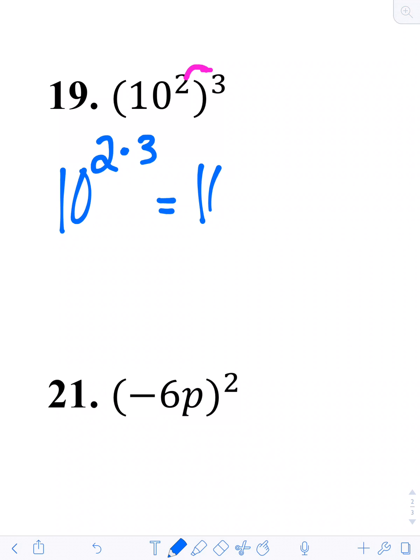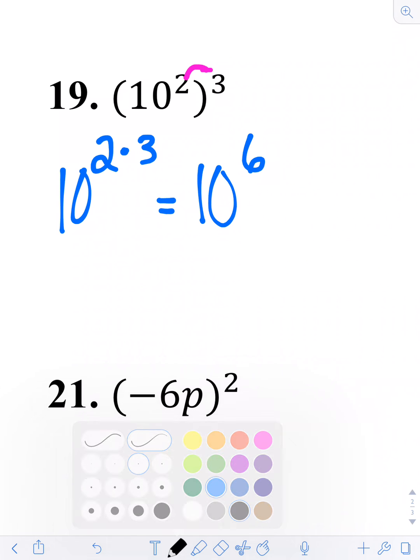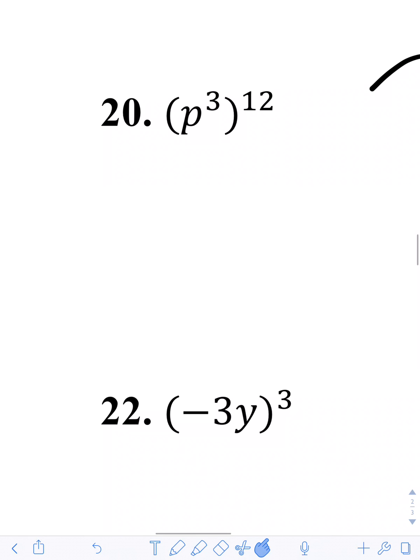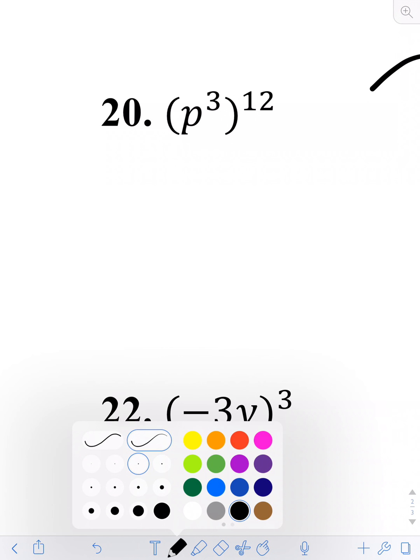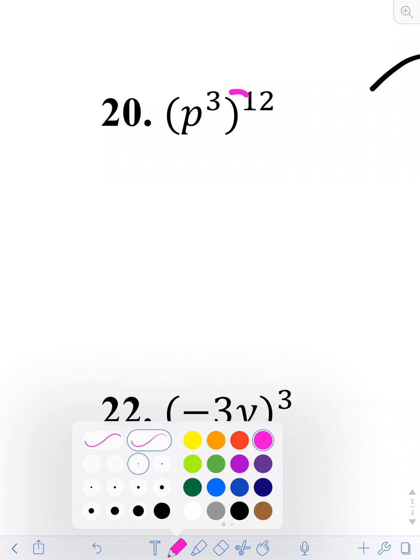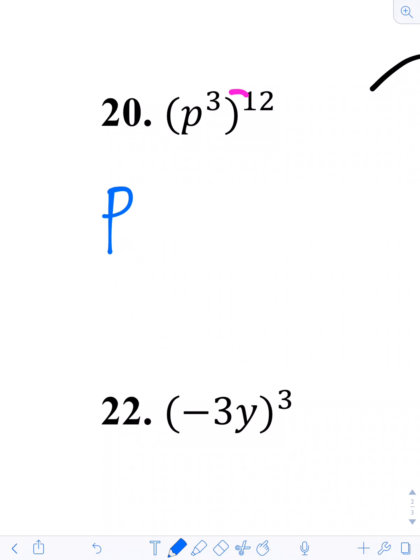So what that gives you is 10 to the 6th power. Okay. All right. Number 20. Again, you have a power to a power. So what I'm going to write out is: power to a power, you multiply. So 3 times 12 is 36.